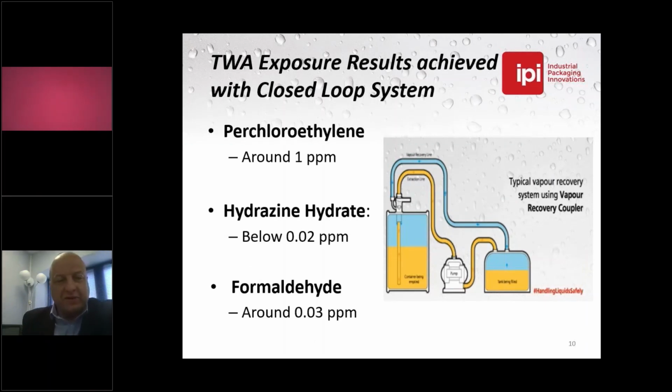Perchloroethylene, which is very hard to say at this time of the afternoon. You can see below 1 part per million. Hydrazine hydrate, which Mark is going to talk about, below 0.02, and formaldehyde 0.03. And these are all studies which were done by our customers and clients and partners, which we can send to you and share with you.